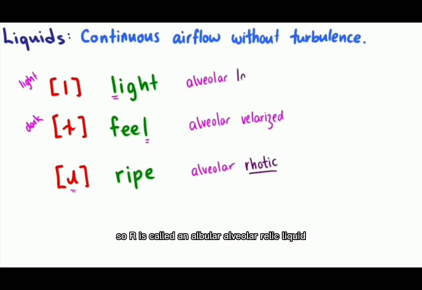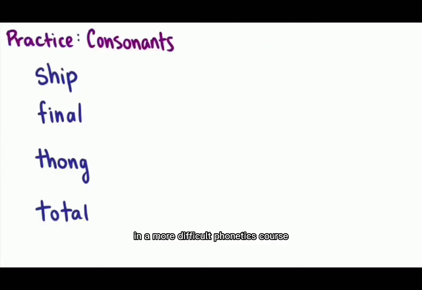So R is called an alveolar rhotic liquid, while the L in light is considered an alveolar lateral liquid. Lateral means air is going through the side of the tongue, and rhotic just describes the tongue curling. There are quite a few steps to make the R sound, covered in a more difficult phonetics course.